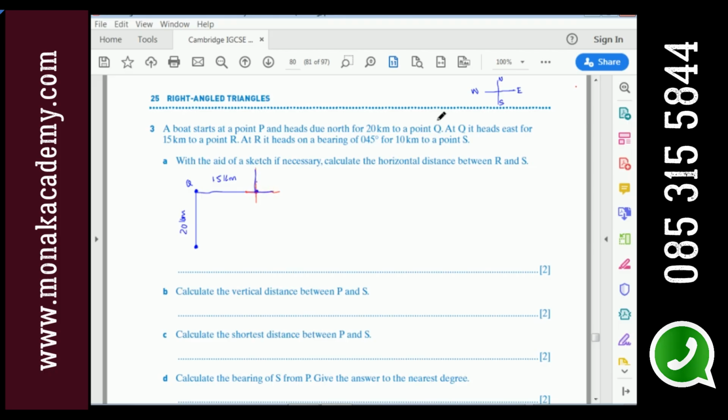So 45 degrees, you expect it to be right in the middle, so that this angle is 45. Okay, so that's our point R. And when it started going like this, it went for 10 Ks. So we assume point S is there.